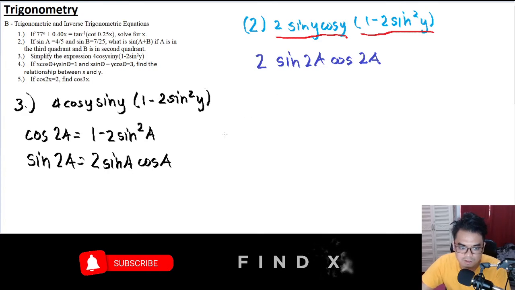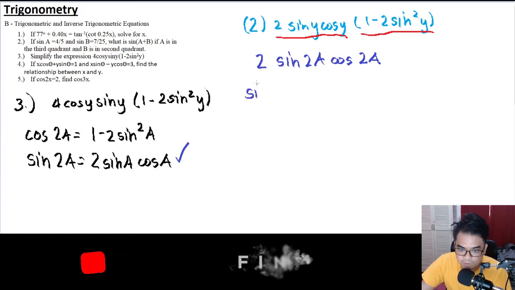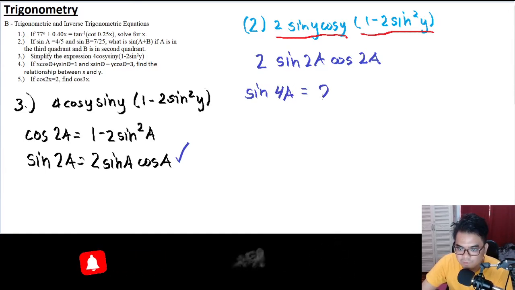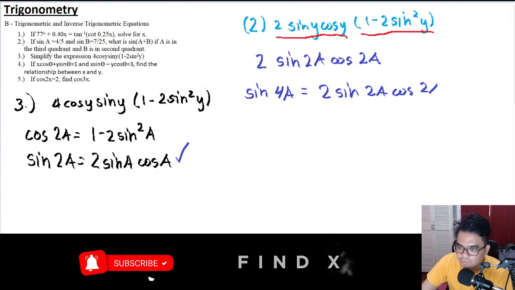Okay, so again, using this one, we can say that if sine 2a is equal to 2 sine a cosine a, we can also say that if this is sine 4a, therefore this will become 2 sine 2a times cosine 2a.